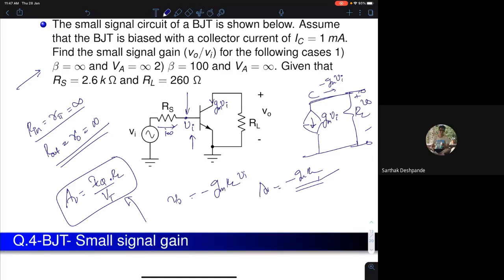Infinity, right? Because your gain is GM into R naught. GM is finite, but R naught is infinity. Because your collector current is given to you, you can find all the small signal parameters. R naught is infinity. But the actual gain, when you actually load it with a resistor, happens to be ICQ by VT into R.